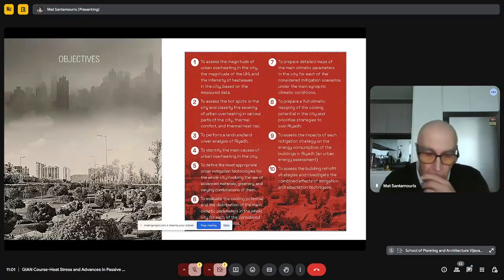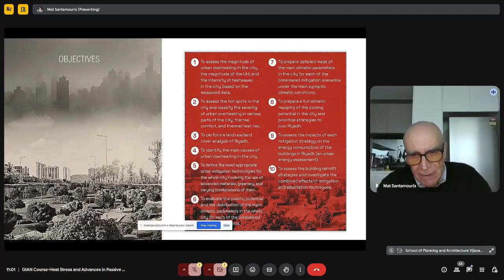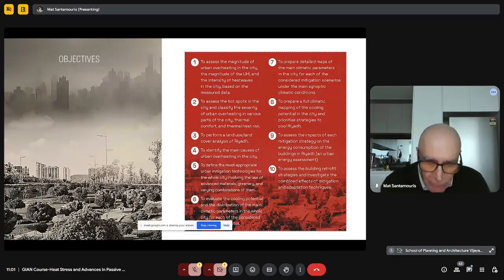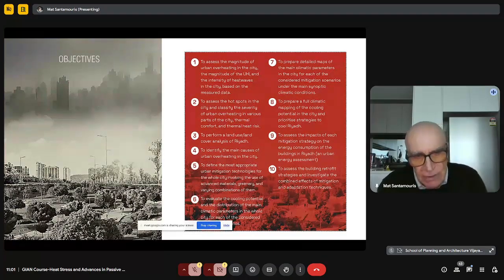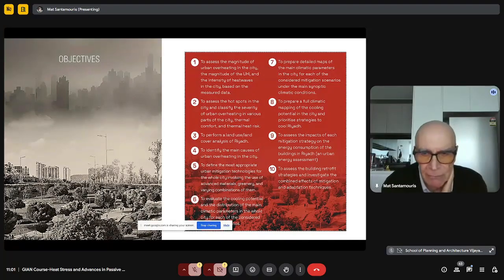Once we understand what is happening in the city, the most important step is to define the most appropriate heat mitigation technologies for the whole city using advanced technologies. These advanced technologies have to do with the use of materials, greenery, and different other combinations.